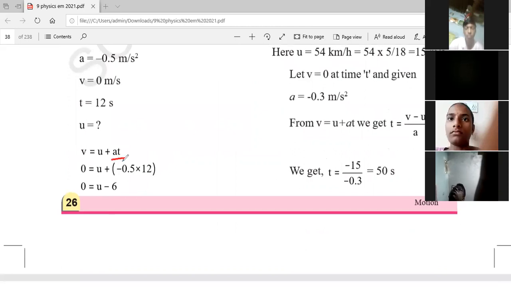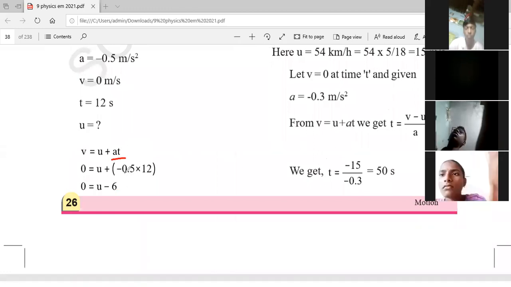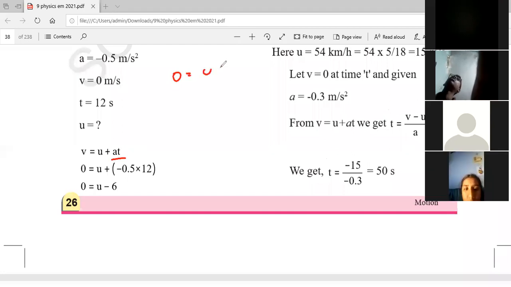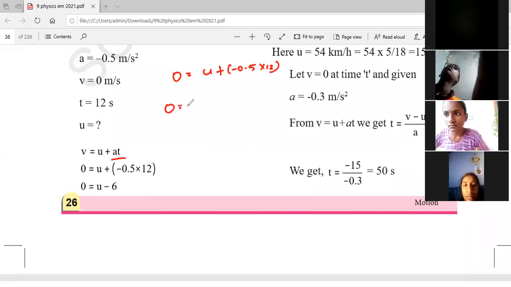First of all, we take the equation v equals u plus at. v is 0 and u we don't know. a is given as minus 0.5 and t is 12. So 0 equals u plus minus 0.5 into 12. Minus 0.5 into 12 is minus 6.